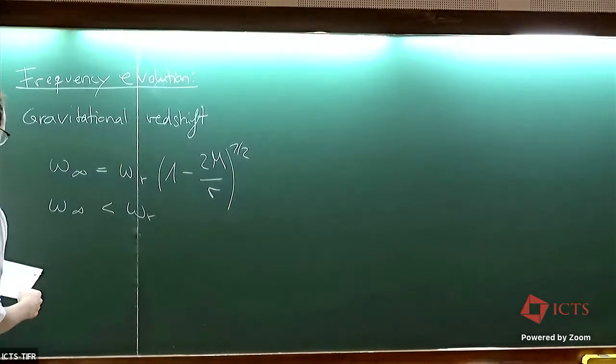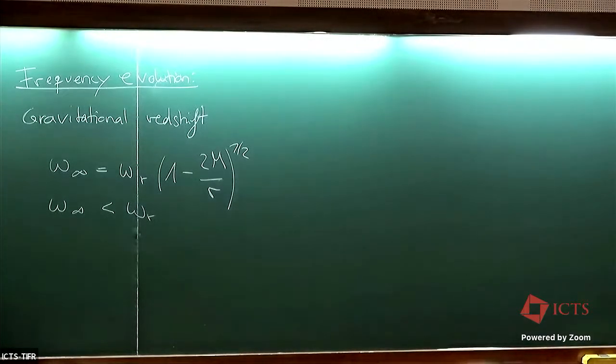Okay. And now imagine that, okay, these gravitational waves are of course not photons, but imagine you have a single graviton that is being sent out from some quote-unquote location in the cloud, and then it has to climb out of the potential well to reach infinity. Okay?